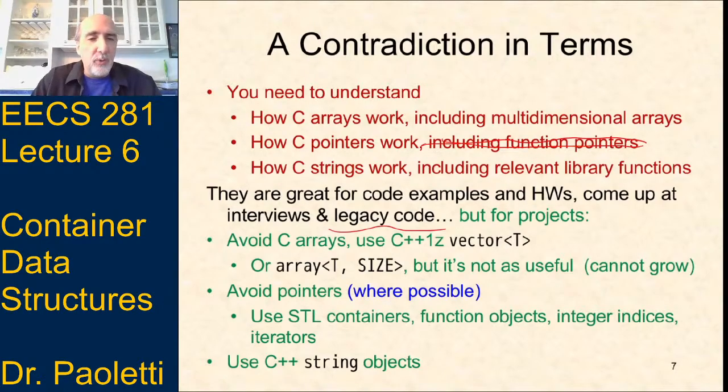When possible, we want to use the STL containers, things like vector and deque. We want to use function objects or functors, things that overload operator parentheses. We want to use integer indices. Sometimes we want to use iterators to walk through a container. We want to use string objects.